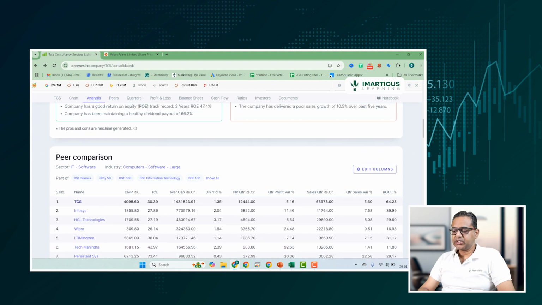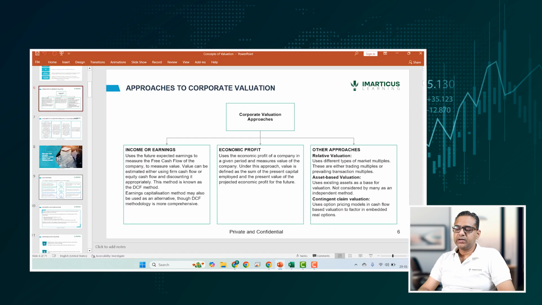And next is transaction comparables, transaction multiples, in which we look at recent transactions. The problem with trading multiples can be that it could be biased because it could be influenced by sentiment in the market.